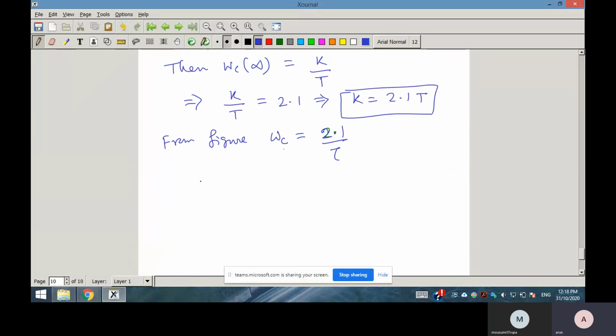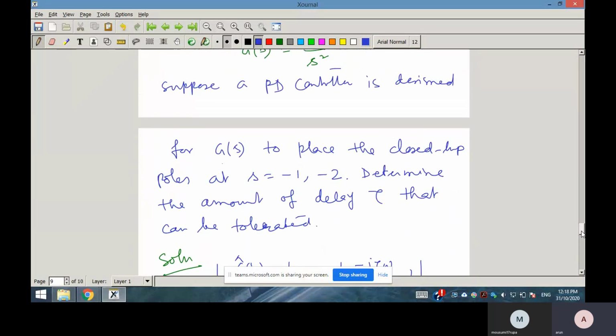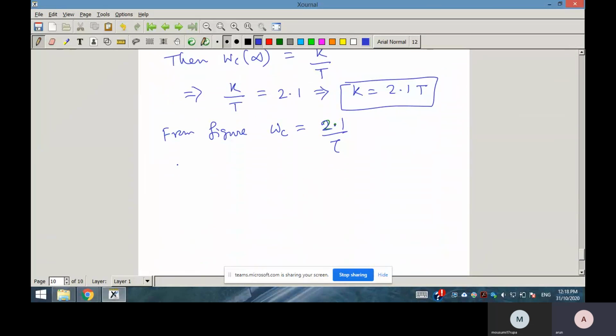Now, what are the PD gains to place the closed loop poles at -1 and -2?